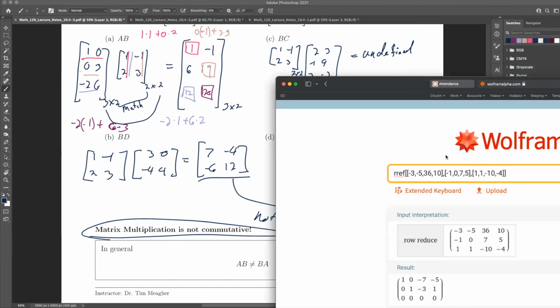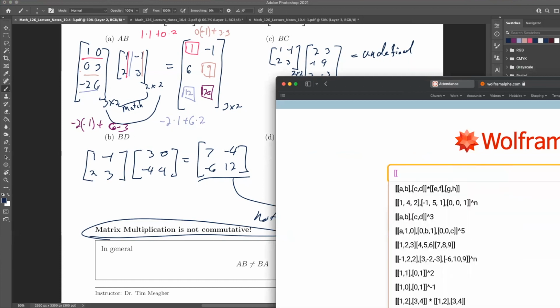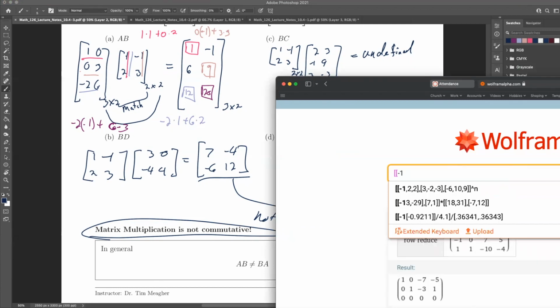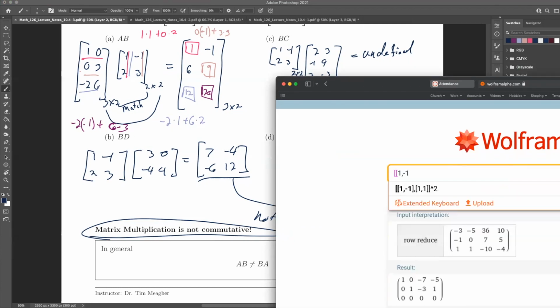So if I wanted to write matrix multiplication in Wolfram Alpha really quick, here would be 1, -1, close, comma, 2, 3. So you write the first matrix we multiply, and then you just write the second matrix. And it should be able to crunch this for you.